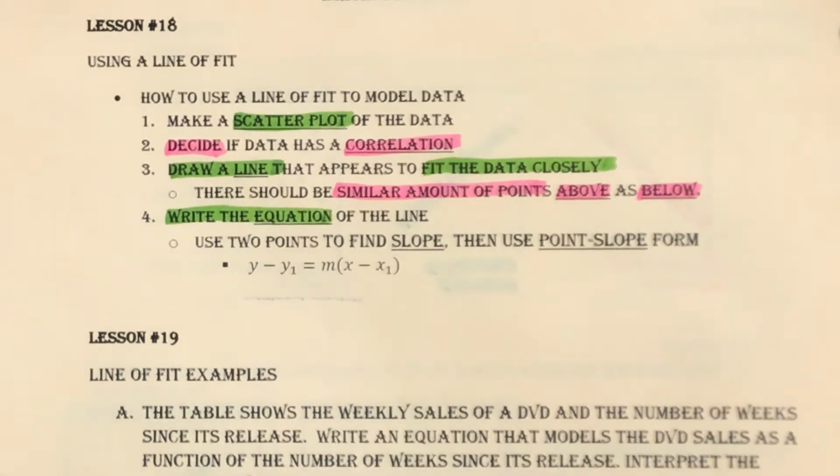So it's always a good idea to try to get your line to go directly through 2 points. We're going to use 2 points to find the slope. Now, if for some reason your line doesn't go directly through 2 points, typically what you might want to do is use 1 point above the line and 1 point below. But in 99% of situations, let's get that line going through 2 points. So we're going to use those 2 points to find the slope.